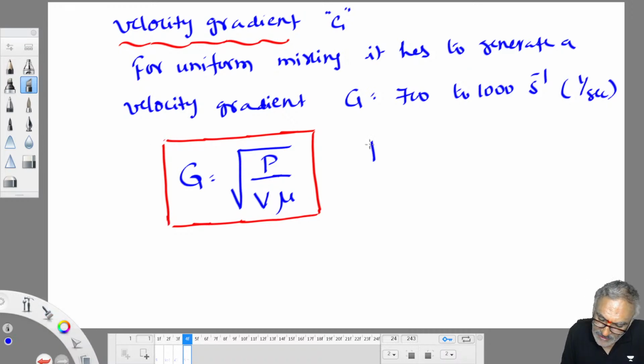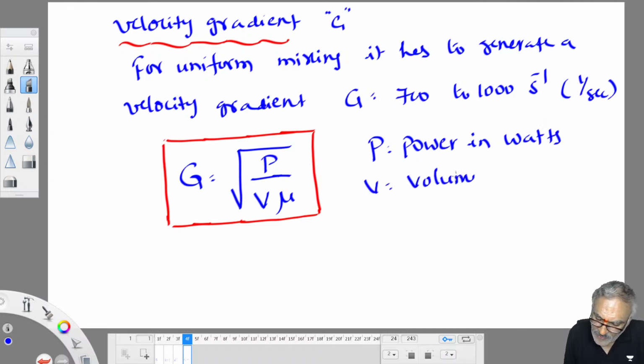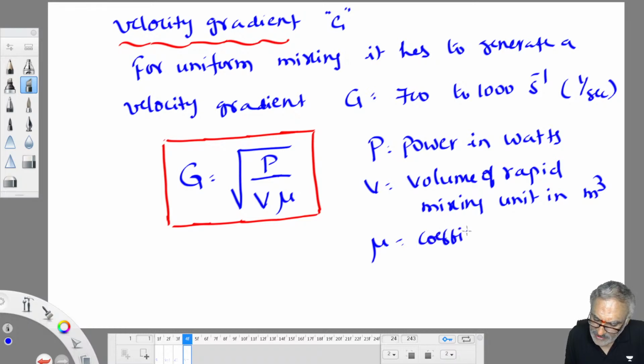In this equation, P is power in watts, V is the volume of the rapid mixing unit in meter cube, and mu is the coefficient of dynamic viscosity or absolute viscosity, in Newton second per meter square.